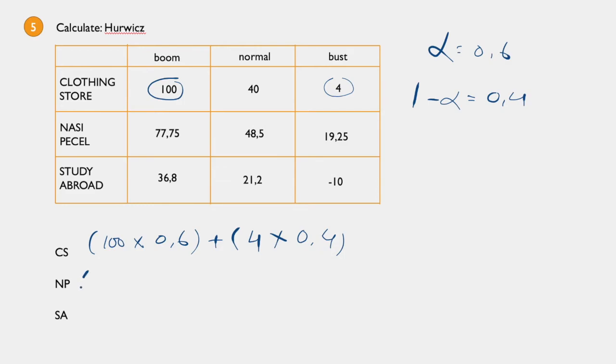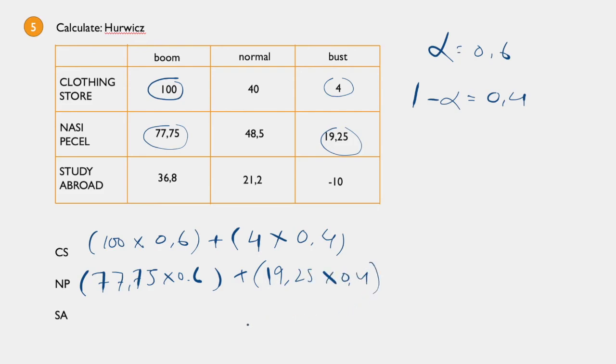For nasi pecel, the maximum is on boom and the minimum is on bust, so 77.75 times 0.6 plus 19.25 multiplied by 0.4.